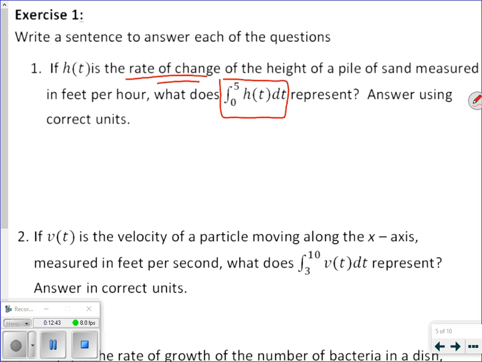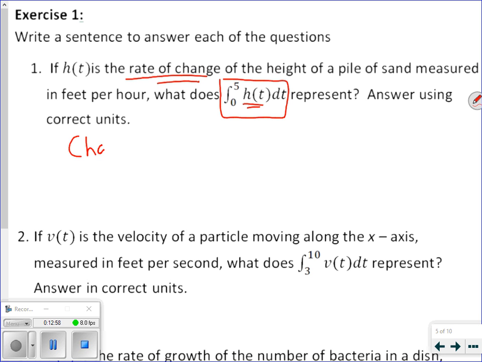The integral of a rate of change, or the area underneath the curve, is an accumulation problem, right? So what this means is this is the change in the height, the accumulation of height.